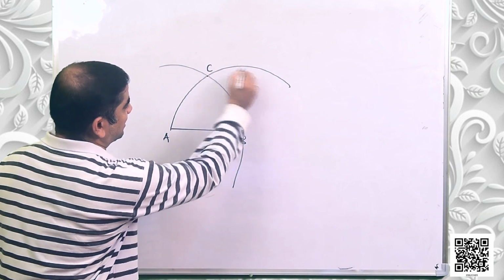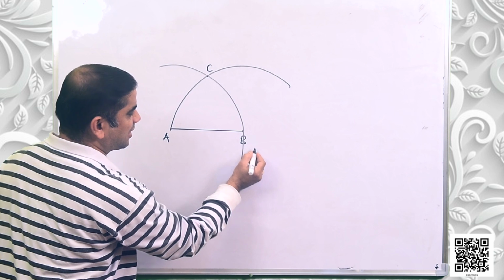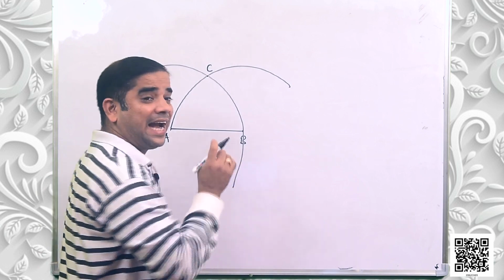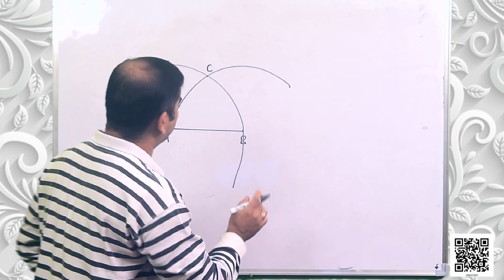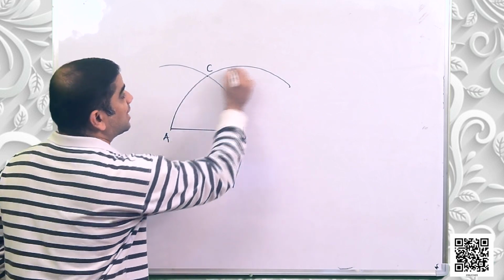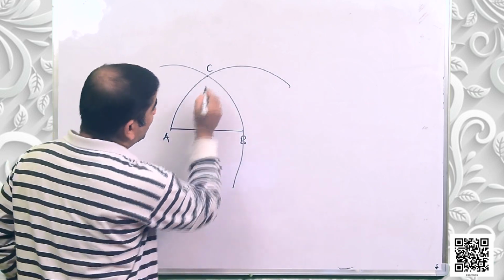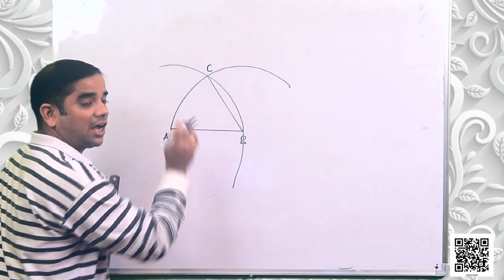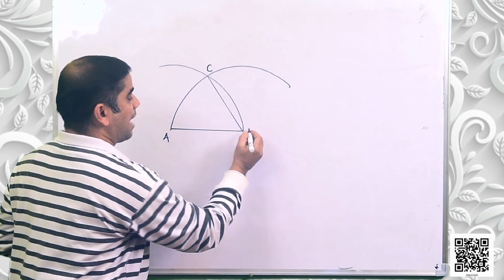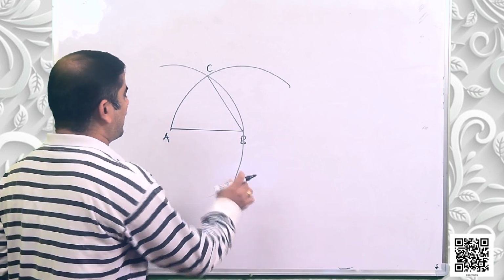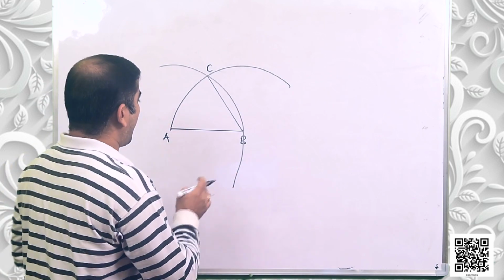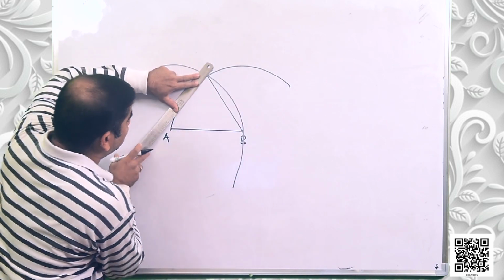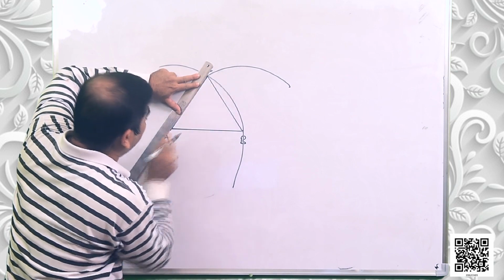If this is the circle having B as the center and BA as the radius, we know that the radii of a circle are equal in length. That means if this is the center and this is the circumference of the circle, then this is another radius. BC is another radius of the circle having center B. In the same way, if I take A as the center and this is the circle we construct, then AC is a radius of that circle.